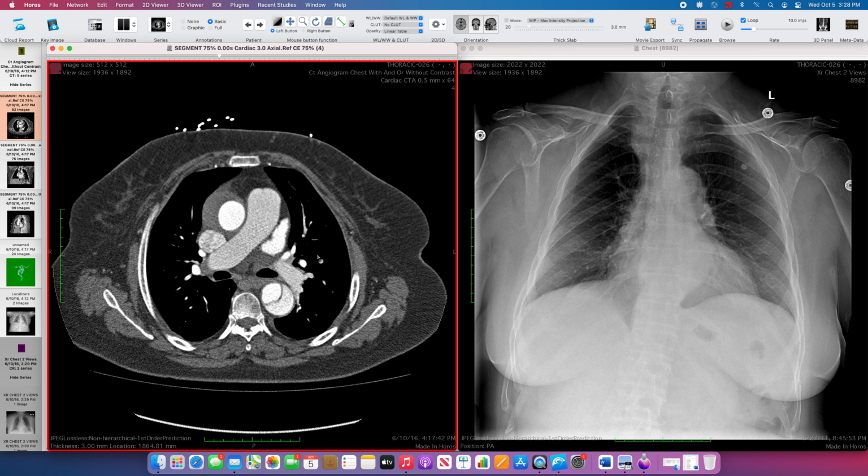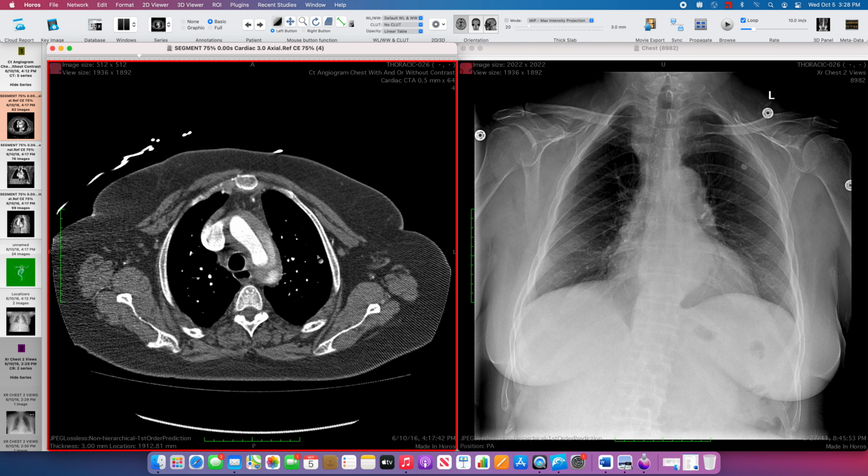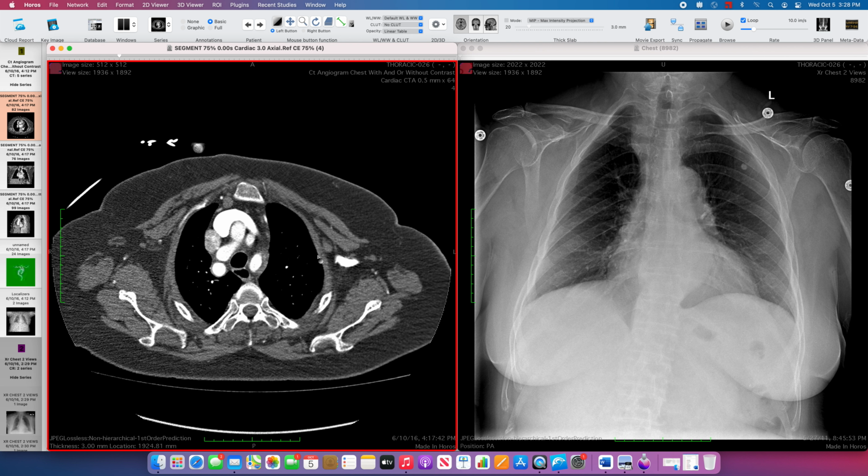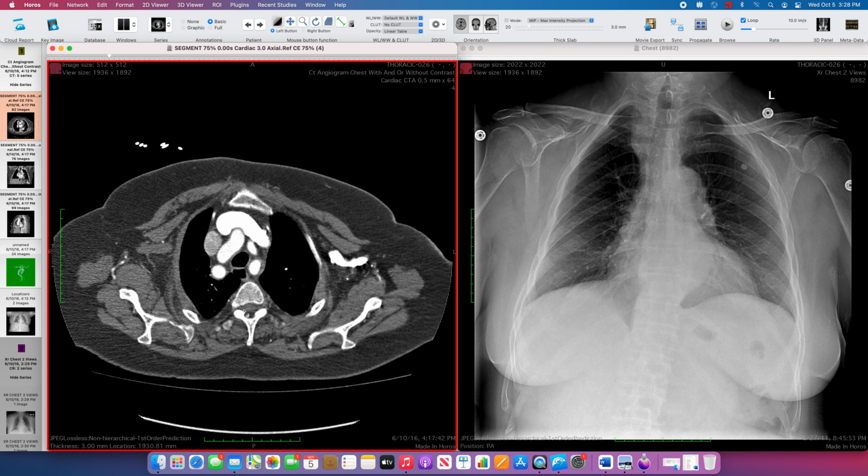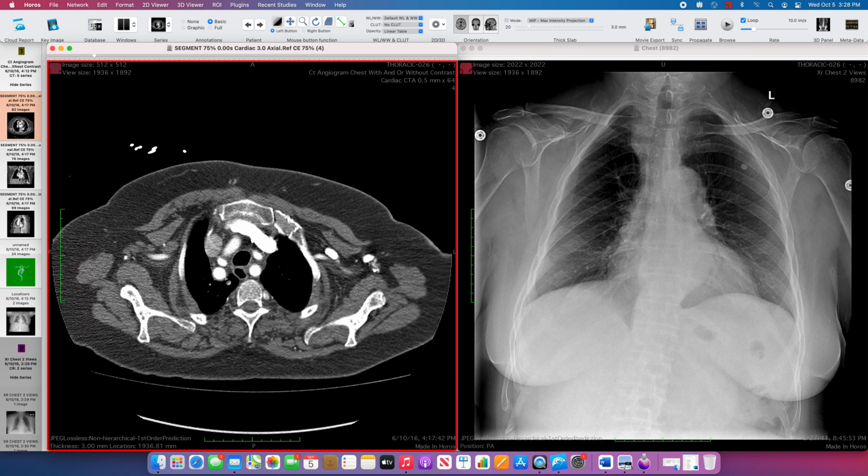We don't see that in this case. Also, you'd want to note if there's involvement of the branch vessels. Here it does look like there's extension of the false lumen into the origin of the left subclavian, but the carotid and the innominate artery are spared.